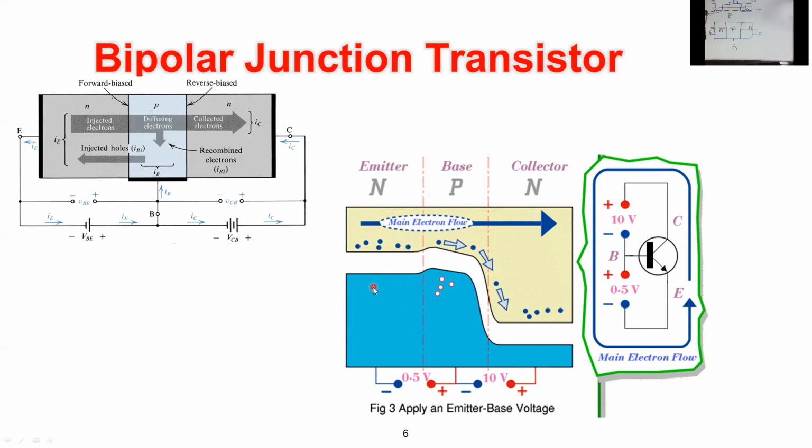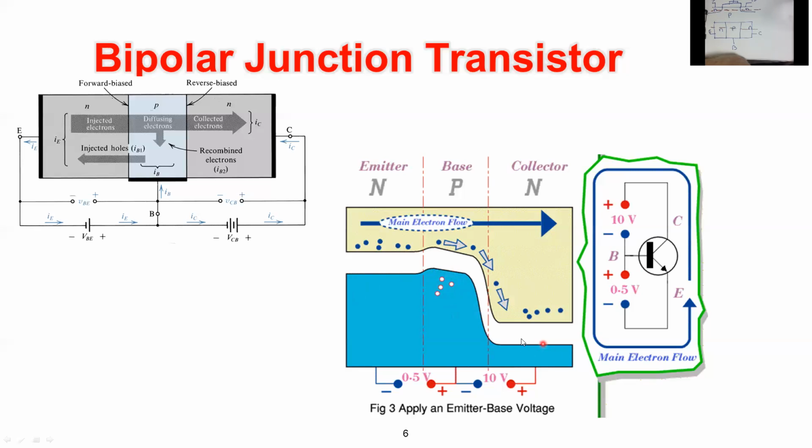That's why this device, my dear students, is called a bipolar junction transistor. This is simply because current is flowing due to electrons coming from the emitter, passing through the base, reaching the collector, and also due to holes in the base which travel to the emitter and conduct current.